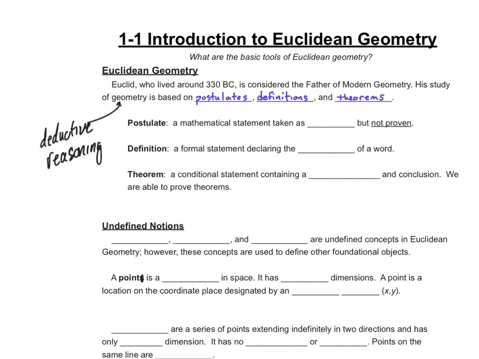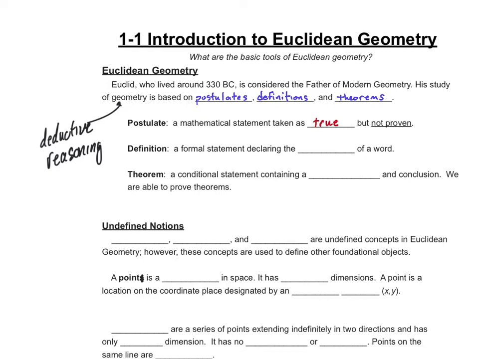He used deductive reasoning, which is making some observations and then being able to determine what the effects of those were, and in those we use these postulates, definitions, and theorems along the way. And postulates were a mathematical statement taken as true but not proven. So we accept certain things to be true, but we haven't been able to prove them yet.